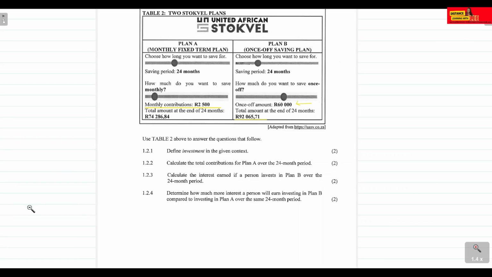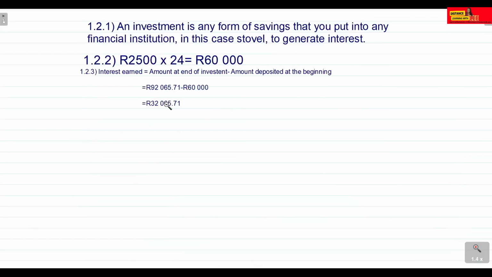So we're going to take the amount at the end of the investment period of 74,286 rand and 84 cents, and subtract the 60,000 that we already know you would have contributed, to get the interest that you would earn from choosing Plan A. Let's quickly do that.